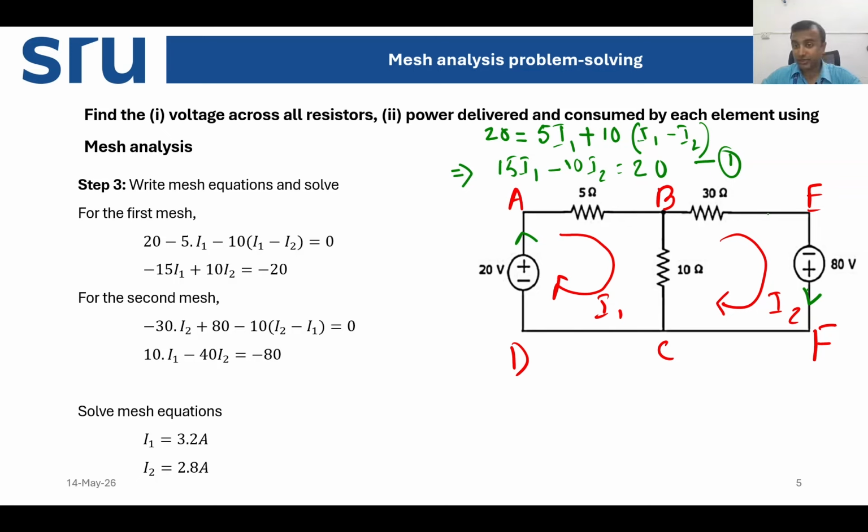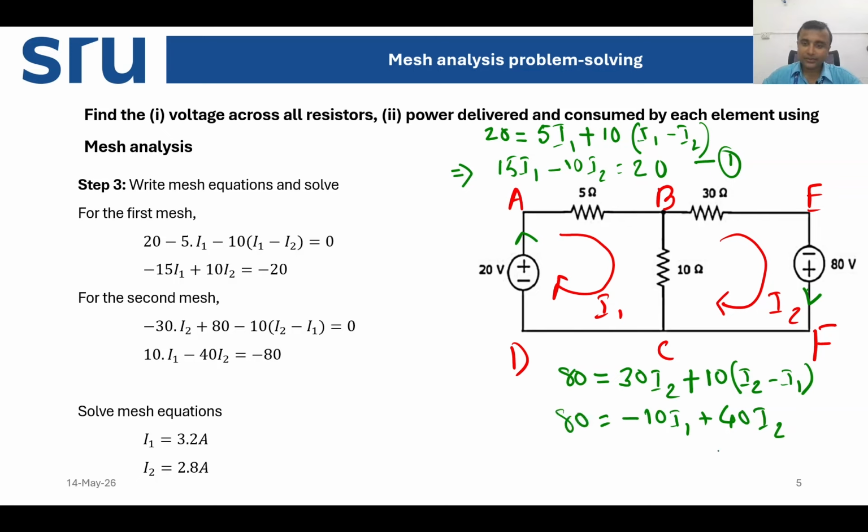Remember, there is minus plus, so the current is coming out of the positive terminal, so it should be 80, positive, equal to the drops at 30 and 10, so 30 times I2 plus the 10 ohm resistance with I2 minus I1. Now this becomes minus 10 I1 plus 40 I2 equal to 80. So this is equation number 2.